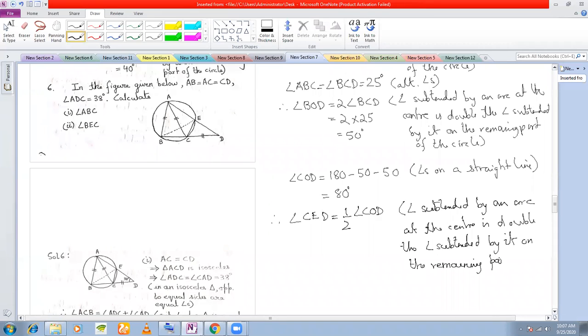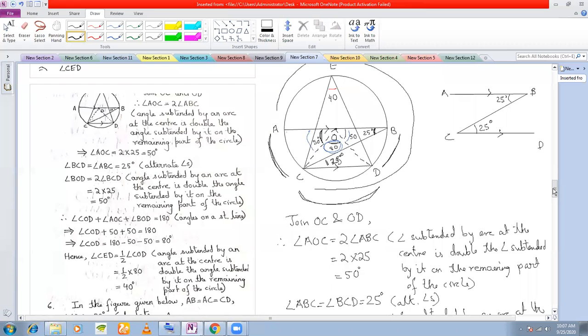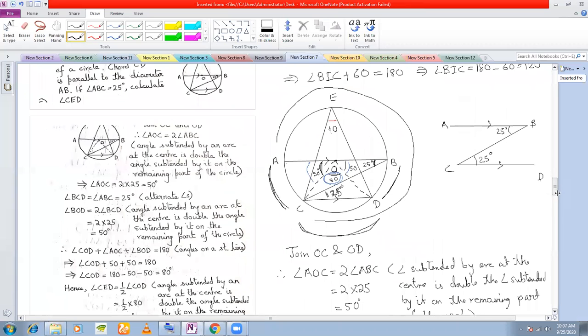So half of COD, we have found COD as 80 degree, so this is 40 degree. And this is the angle that we wanted to find out, angle CED. Okay. So that is it.